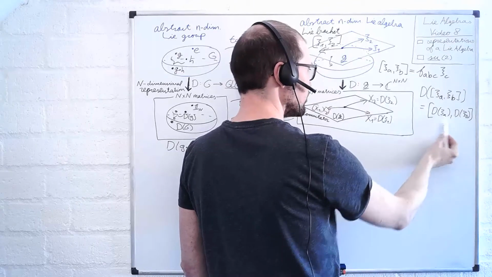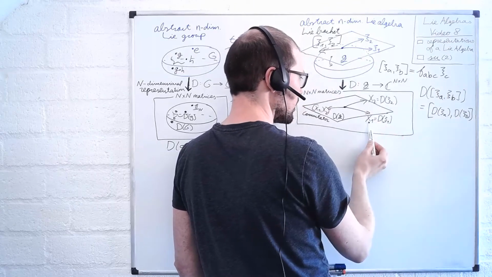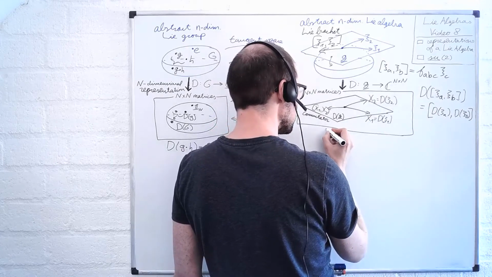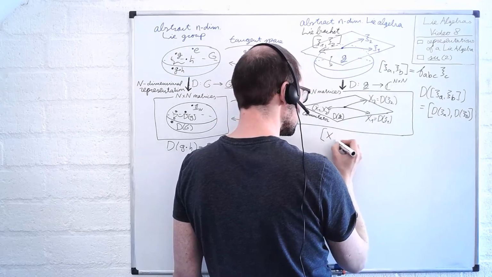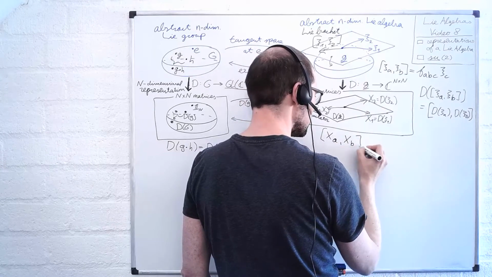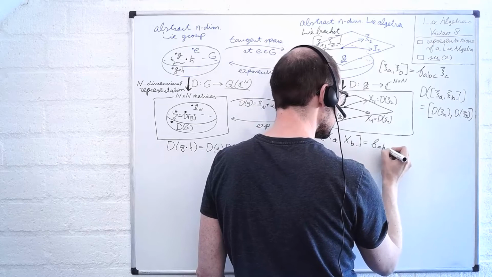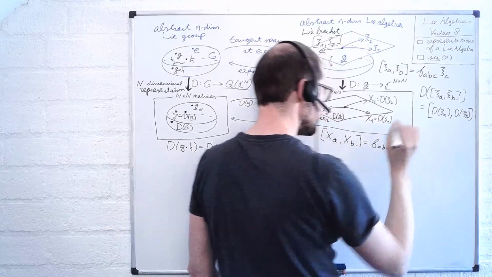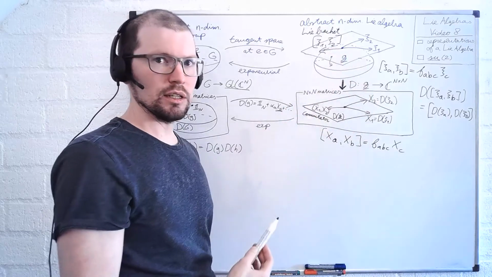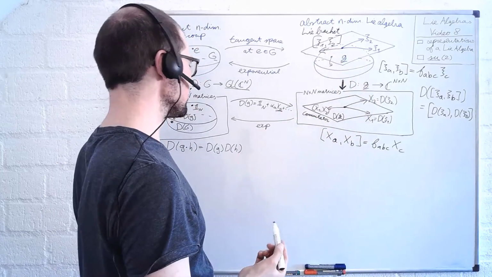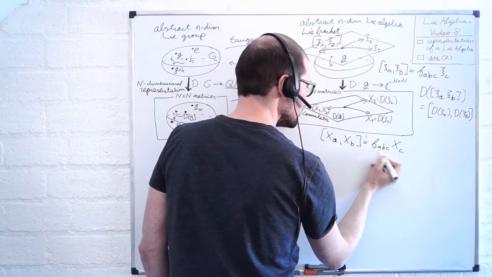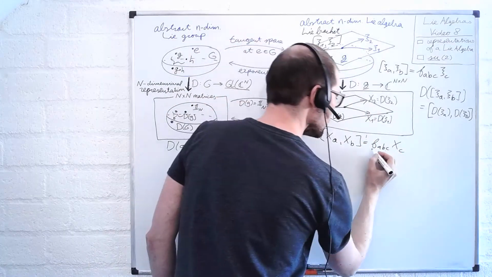So if I label these images of the basis vectors by x1, x2, etc., then this is really requiring that these generators satisfy the same commutation relations as the abstract Lie algebra did. Okay?